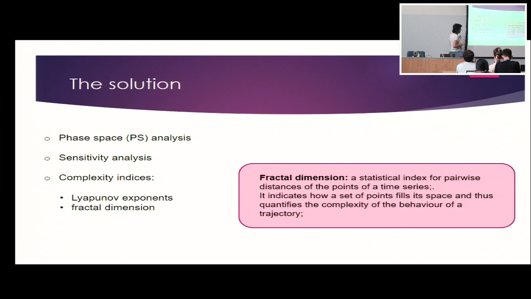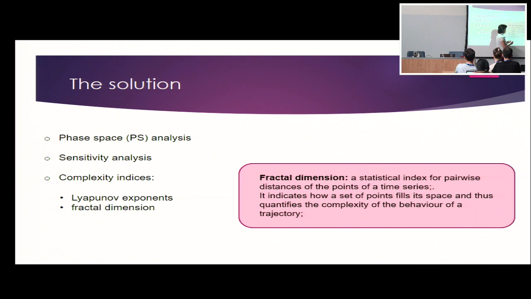Then we have the fractal dimension. Essentially it's a statistical index measuring the pairwise distance between the time points of our time series. Remember that when I talk about dynamics, I'm talking about time behavior of the system. So practically in my hands, I have the time series describing the change in time of some feature associated with my system components.